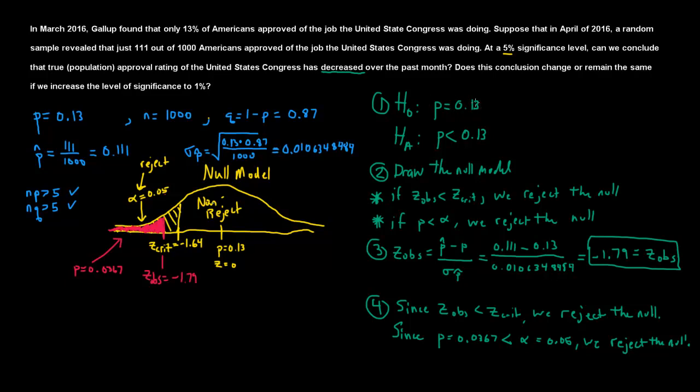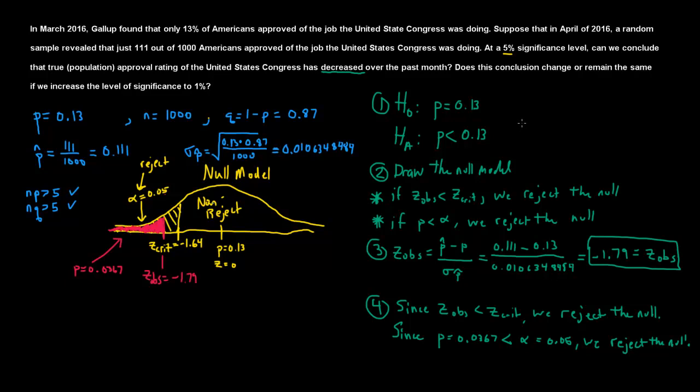We reject that and, by default, accept the alternative, which is that the population proportion has indeed decreased over the past month. So the population proportion is less than 0.13. We say that the null hypothesis does not adequately explain the sample data, the sample statistic that we gathered.